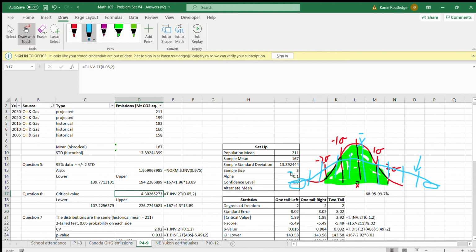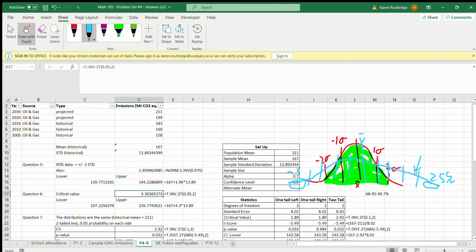So we have 2.5% over there and 2.5% over here. So we have to move out 4.3 standard deviations away in order to have 2.5% on the outside. That's what the critical value tells us. It's just that threshold. How far away do we have to move? So that's all of that.